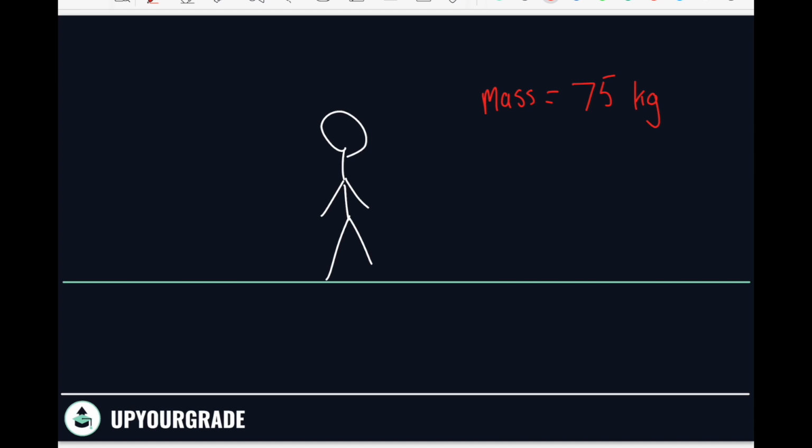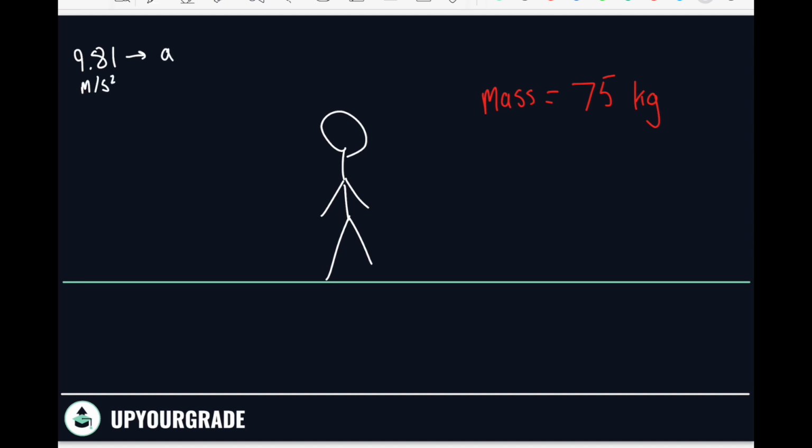The mass of this man is going to remain the same whether he's on Earth or on Mars, and would only change after something like an all-you-can-eat buffet. The weight, however, also depends on the gravitational field in which he's located. On Earth, gravity results in a downward acceleration of 9.81 meters per second squared. So 9.81 is the value for a on Earth.